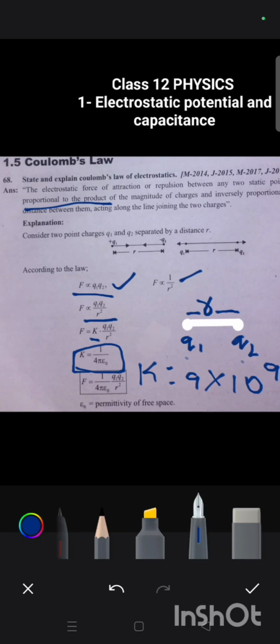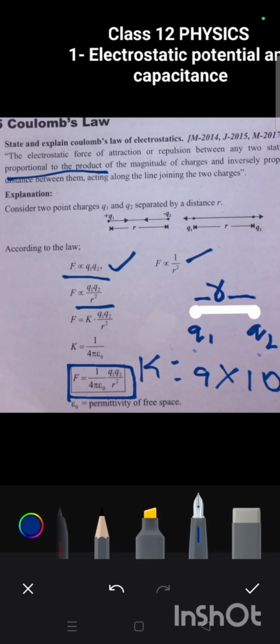So the final equation of Coulomb's law is F is equal to 1 by 4 pi epsilon naught Q1 Q2 divided by R square, or 1 by 4 pi epsilon naught can be taken as 9 into 10 raised to 9, that is F is equal to K, or 9 into 10 raised to 9, Q1 Q2 divided by R square.